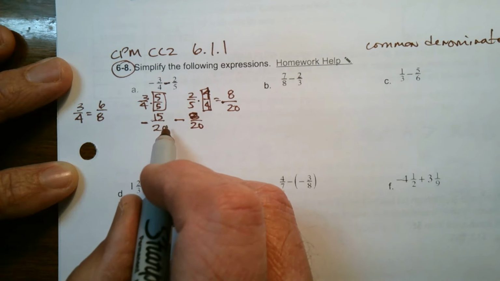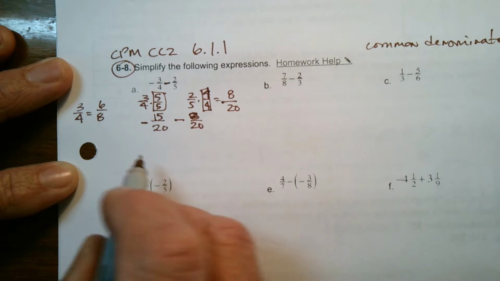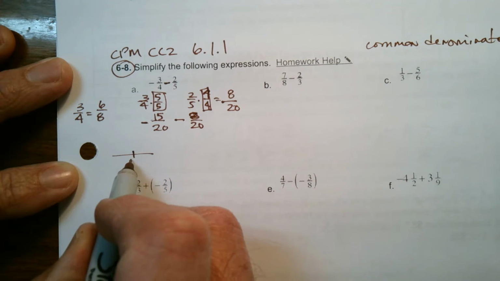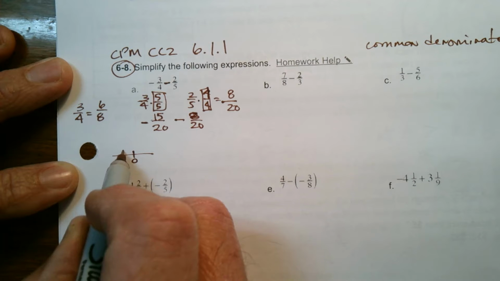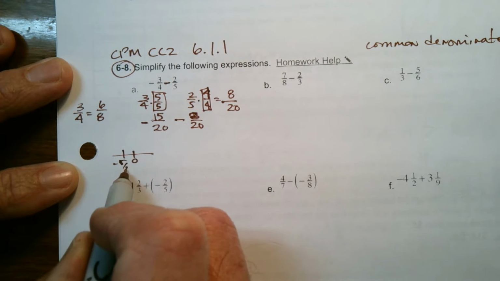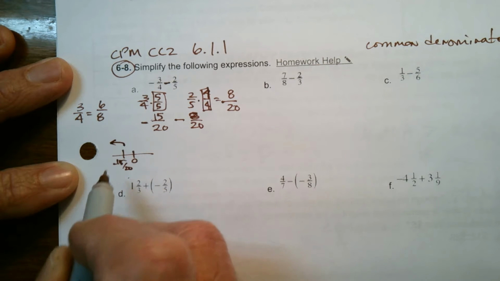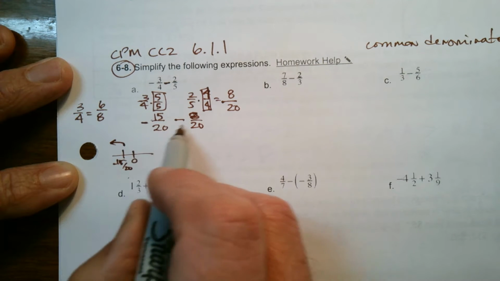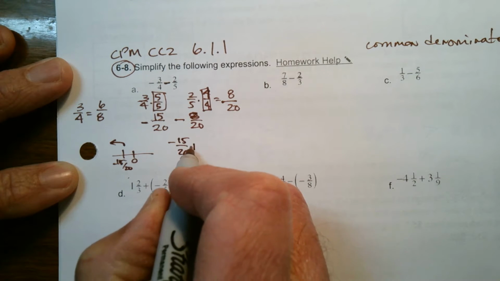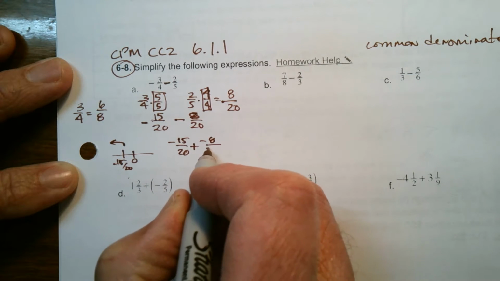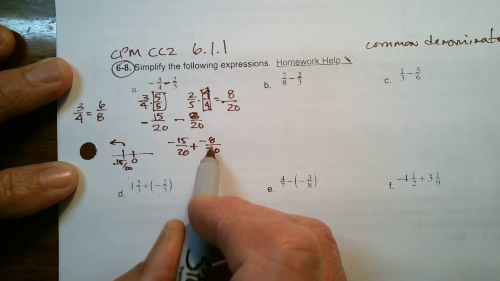When you're taking a negative number and subtracting a positive, what does that look like on a number line? Here's my 0, and I'm at negative 15/20. I'm subtracting a positive, so I'm going that direction and it just gets more negative. You could look at it as adding two negative numbers: negative 15/20 plus negative 8/20.